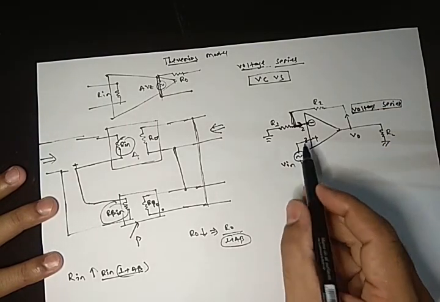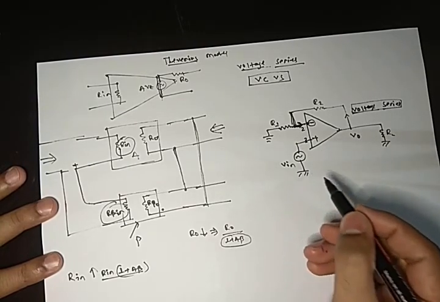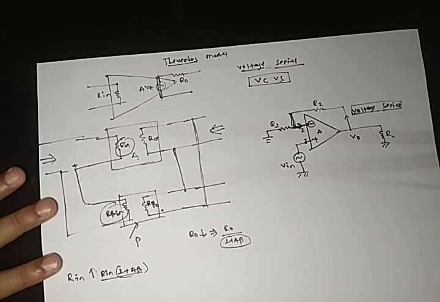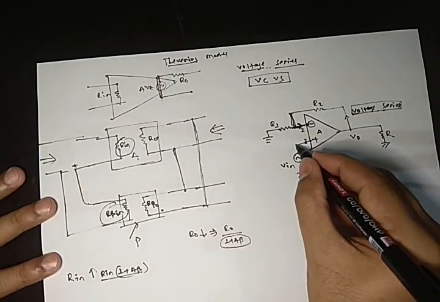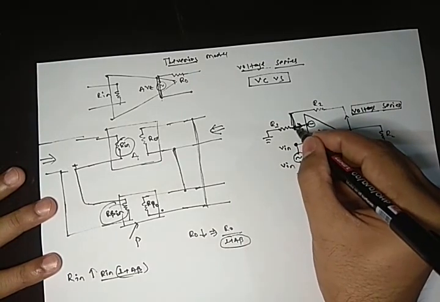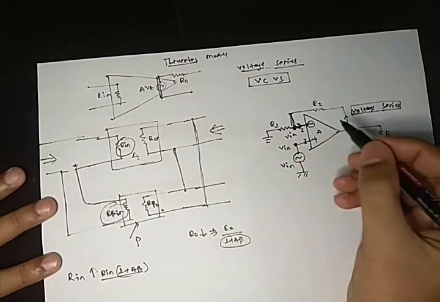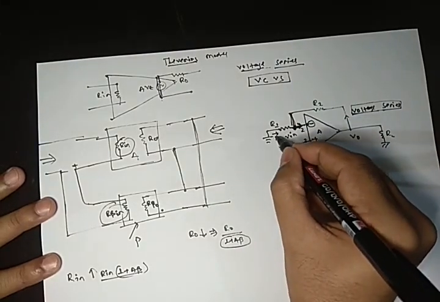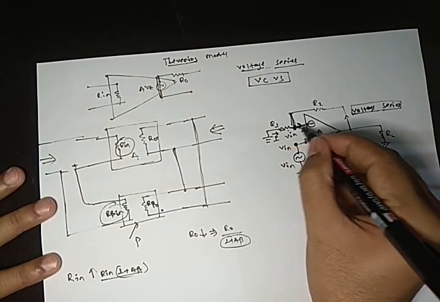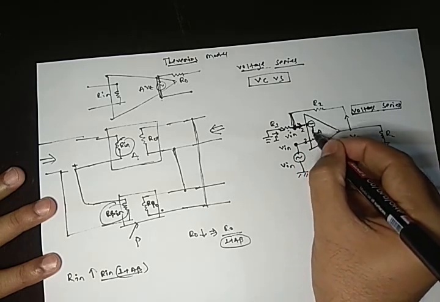Now according to virtual ground, if we need to solve this circuitry in terms of V0, Vi and A, how will we solve this circuit? Because of virtual ground, this is V in, and because of virtual ground, this voltage will also be V in. And suppose current I is flowing over here, now this I will flow across this resistance, but it will not move inside the Opamp because here it is a very high resistive path.